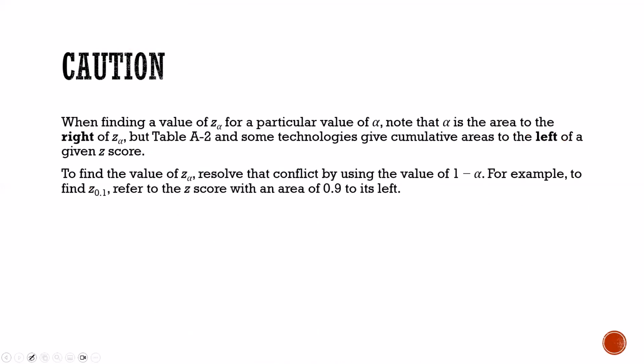If you are asked to find z of, say, 0.1, this 0.1 is the area to the right. So you really want to change this and look for 1 minus 0.1, 0.9 in the table.